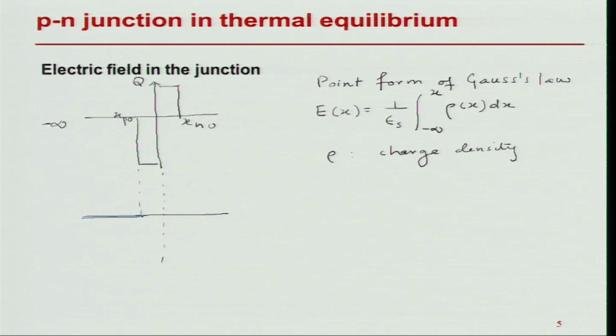And since that is a linear equation, the field is going to increase in the negative direction up to some maximum value, because as I continue further in the positive direction of x, the negative charge is going to be compensated by the positive charge, and hence the field is going to further come down.